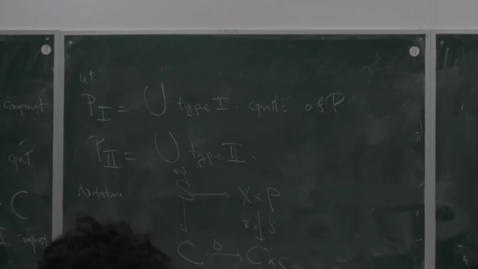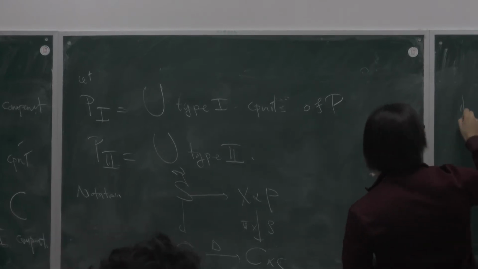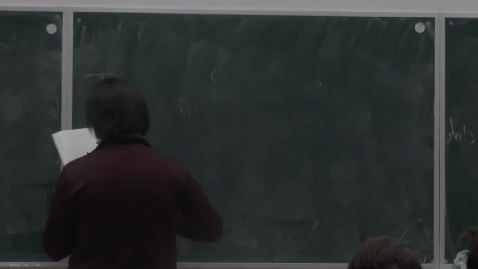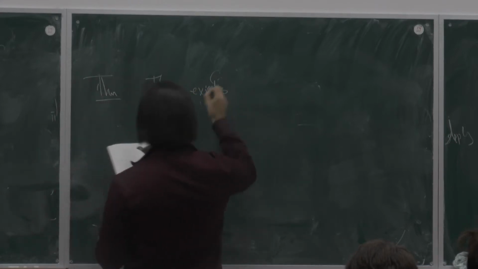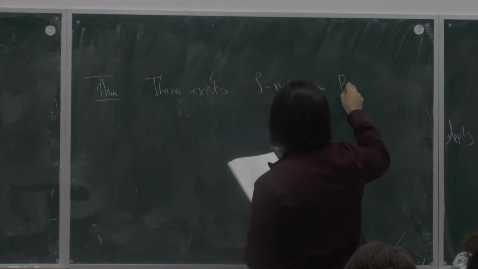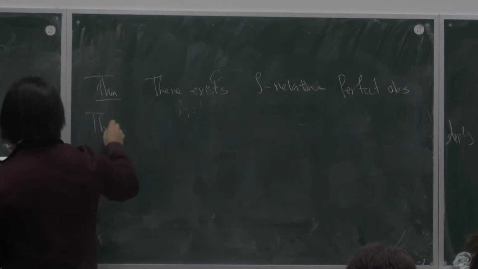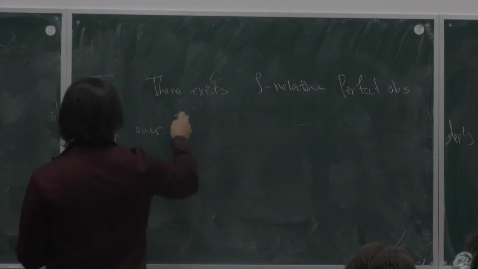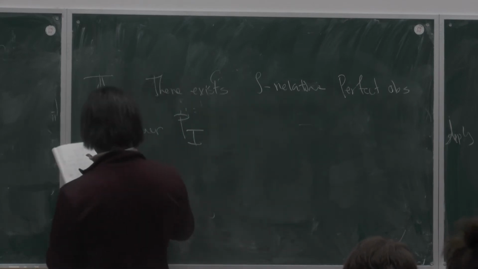Okay, so if you have that, by these two constructions, these two exact triangles, we can say the following. So there is a theorem: there exists a low relative perfect obstruction theory over type 1 components, E_1, which is given by this.